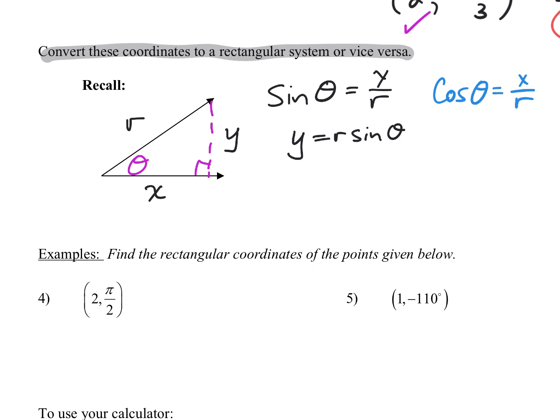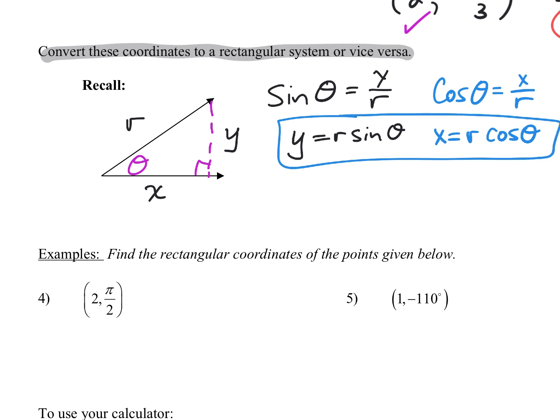And with some manipulation, x will equal r cosine theta. These two formulas are really nice ways to move between the forms. Right? If I have an r and a theta value, I can use those to find my y value, and similarly, I can use those same values to find x.